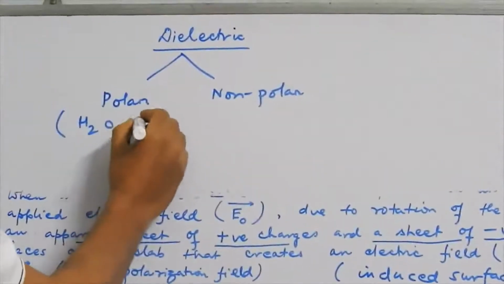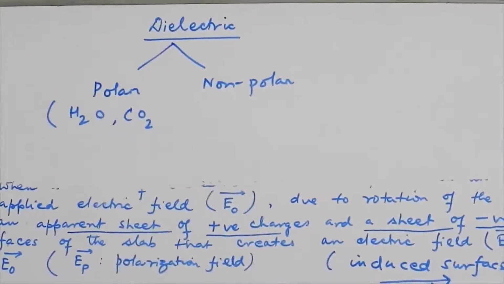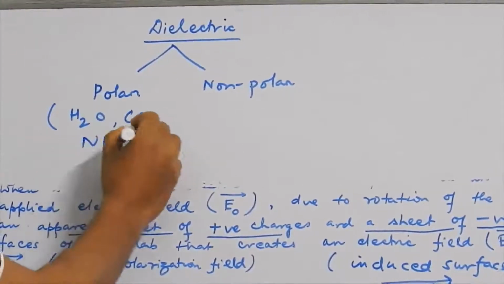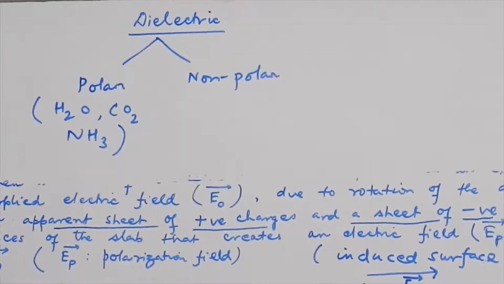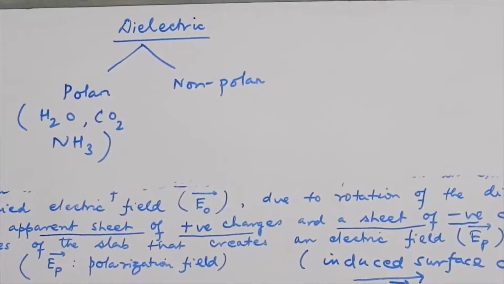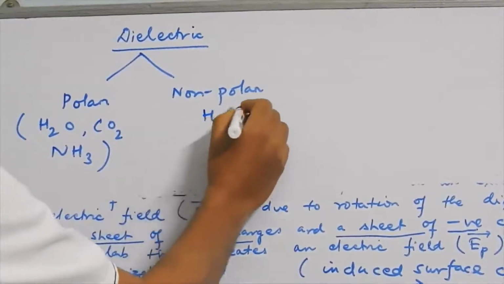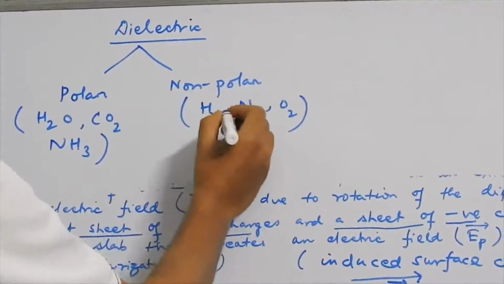Carbon dioxide can be considered as a non-polar dielectric. NH3 can be considered as a polar dielectric. Non-polar dielectrics are more or less the symmetrical molecules like H2, N2, O2. These are all non-polar dielectrics.